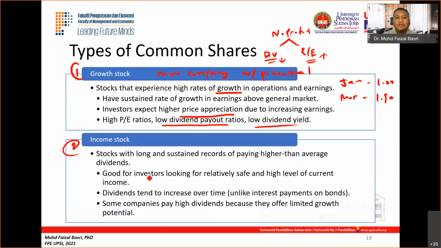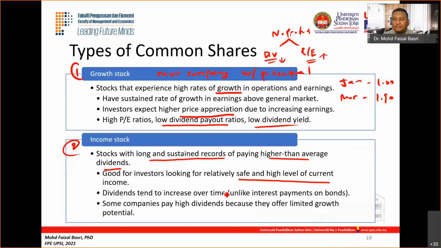So this income stock comes with long and sustained records of paying higher than average dividends. Unlike growth stocks that pay low dividends, income stocks pay higher than average. So it's not considered the best returns, but it is considered a good return. Good for investors looking for relatively safe returns.